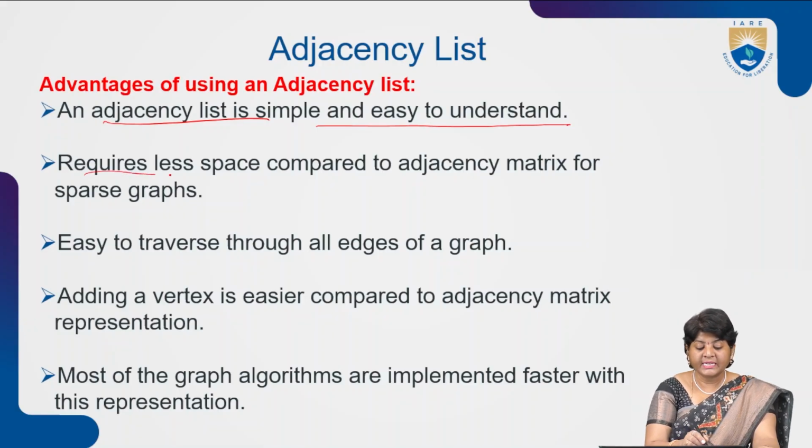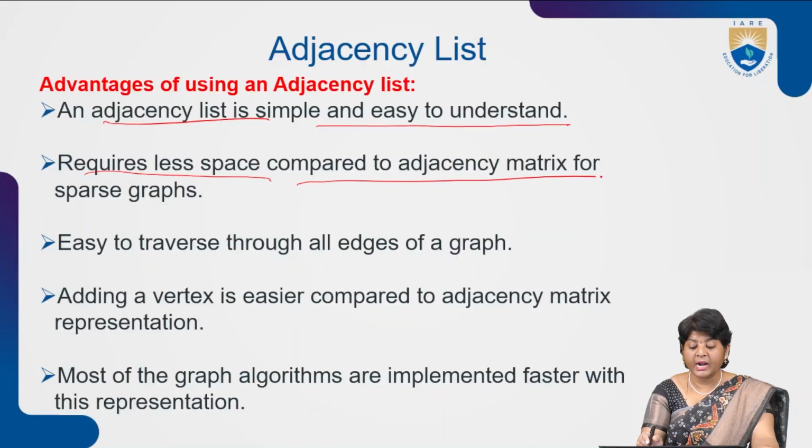Secondly, it requires less space compared to adjacency matrix for sparse graphs, because here we are not storing vertex to vertex connections with 1 if connected and 0 if there is no connection. Here we just take whichever vertex is connected and store that. So unnecessary space will be saved.